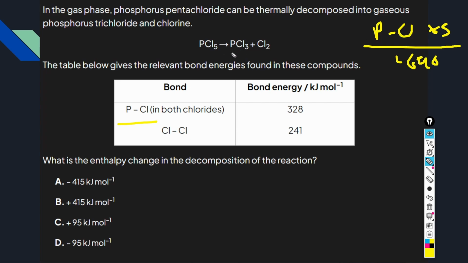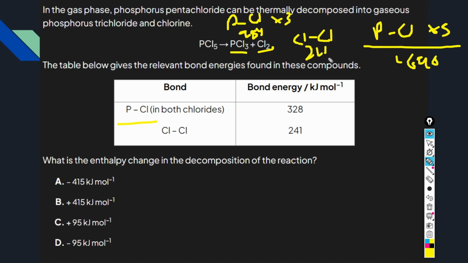And over here we can see PCl3, so we have 3 PCl bonds and then 1 Cl-Cl. We need to calculate the energies of those. 3 PCl bonds will simply be 328 times 3, or 984, and 1 Cl-Cl will just be 241.